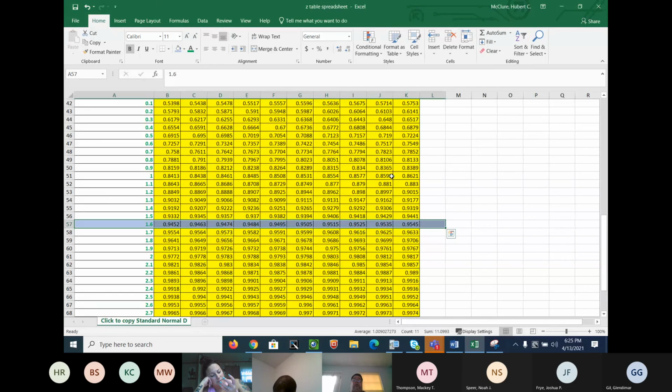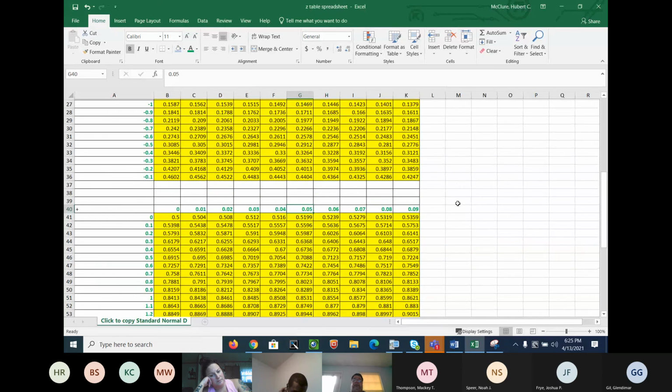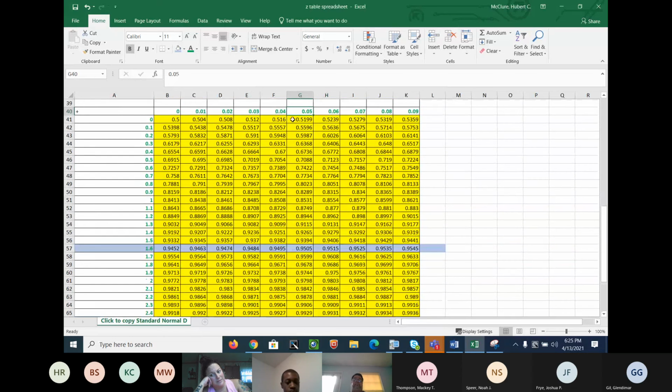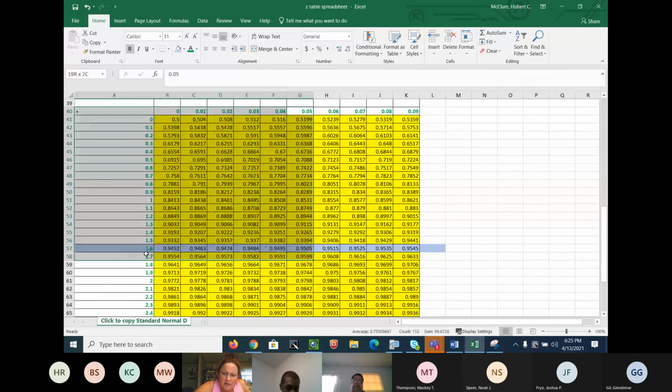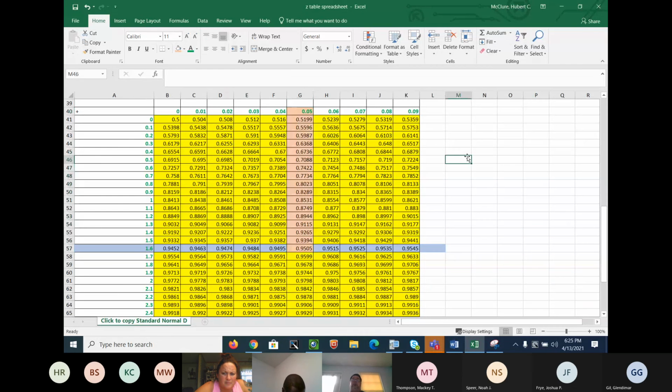So we have to go up here and find 0.05, because what's 1.6 plus 5 cents? 1.65. And I'm going to highlight that orange or red. Tell me what number I have right there. 0.9505. And that is your answer, and that's how you use the table.